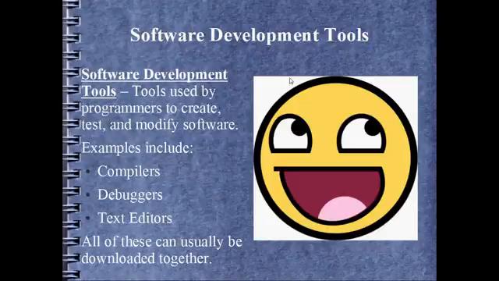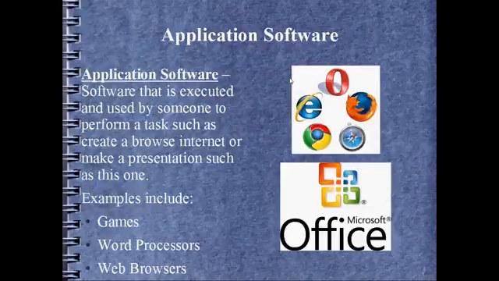Now, software development tools. They're really used by programmers only, and they test, modify, and create software with these. Compilers, debuggers, and text editors are good examples. And usually when you download a program for creating another program, you can get them all in one. Now, application software.